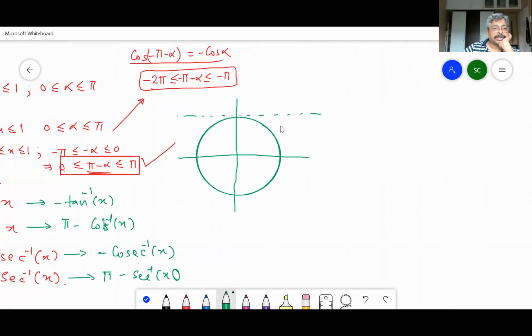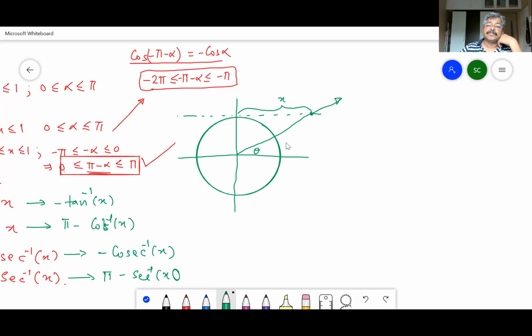What are the domain and codomain considerations of cot inverse? The domain is minus infinity to plus infinity and the codomain is 0 to pi. So suppose your x is here, then the terminal ray is this, correct, and therefore this is the angle theta. This is the value x.